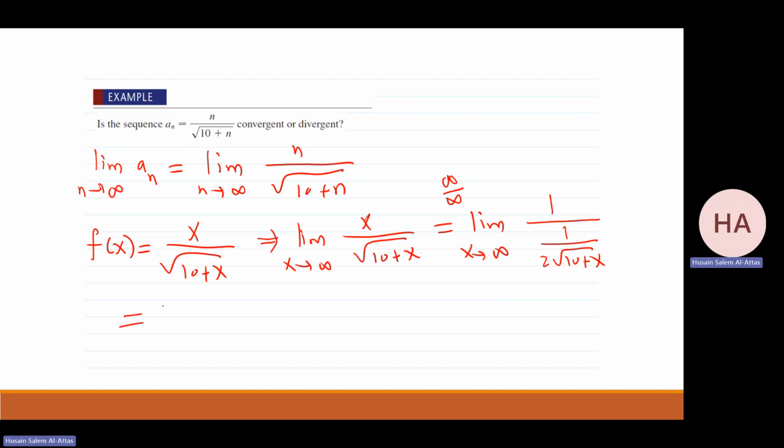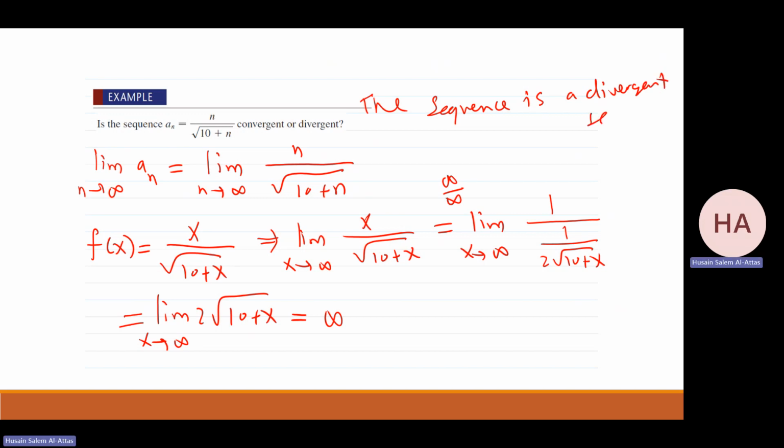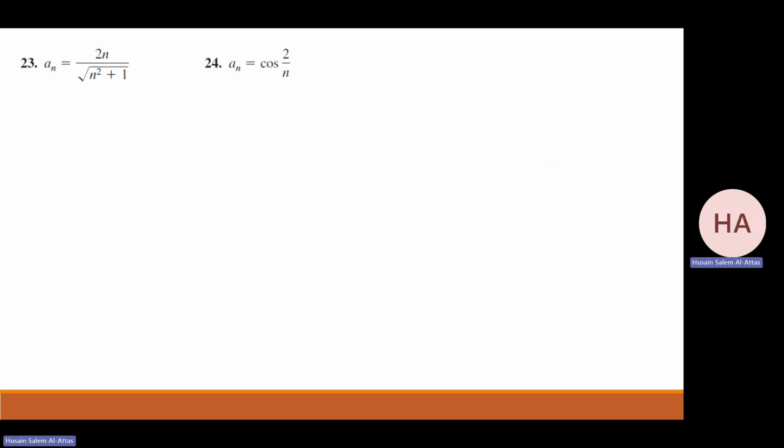The limit as x goes to infinity of 2 square root of 10 plus x is infinity. So the sequence is a divergent sequence, or the sequence diverges.